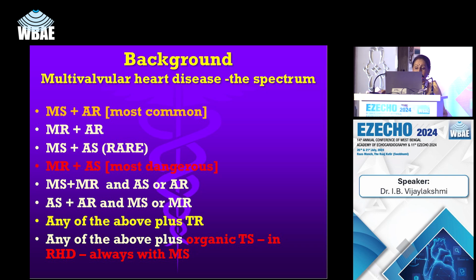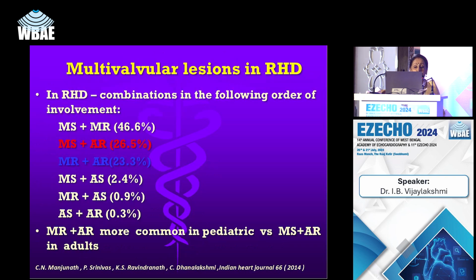Any of the above with the TS in RHD is always with the MS. Our own data from Jayadeva shows MS MR 46%, MS AR 26%, MR AR 23%, MS AS just 2.4%, MR AS 0.9%, and AS AR 0.3%.